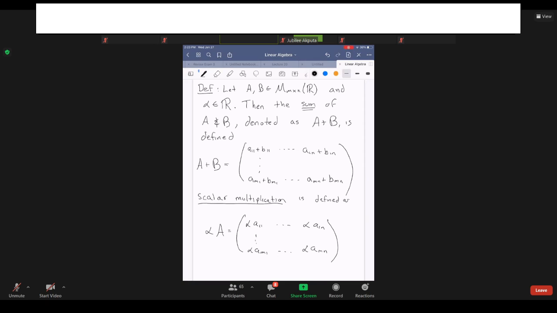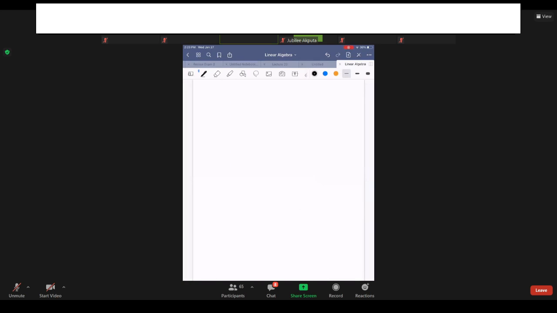So, okay, now we have a notion of adding, multiplying by scalars, and when two matrices are equal, right? So now let's put up a result, okay? This might be an obvious theorem, but proving it might not be so obvious. So let's say this is theorem 2.1.1.